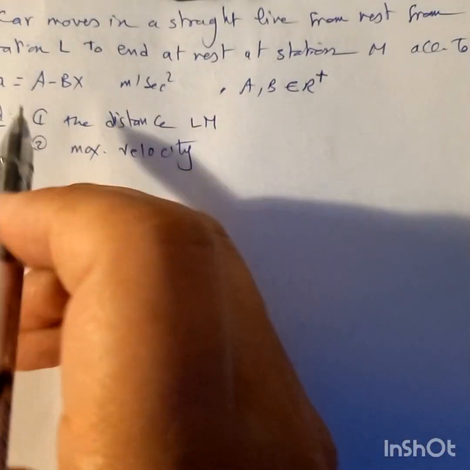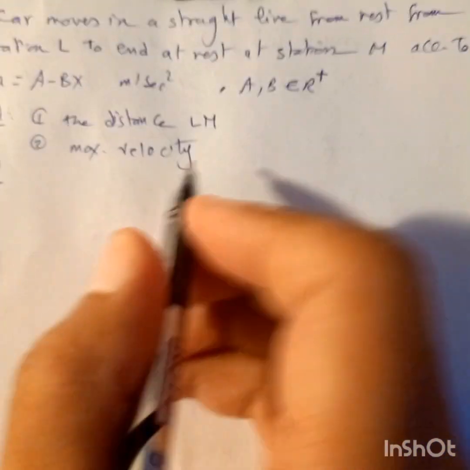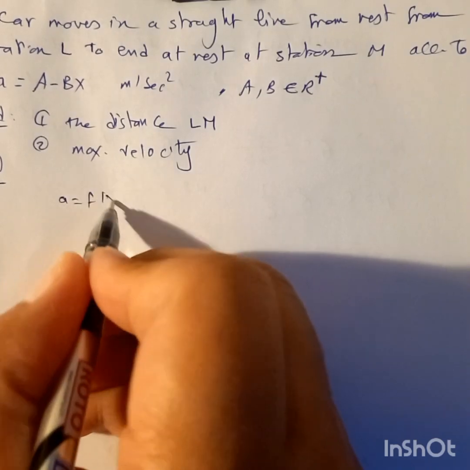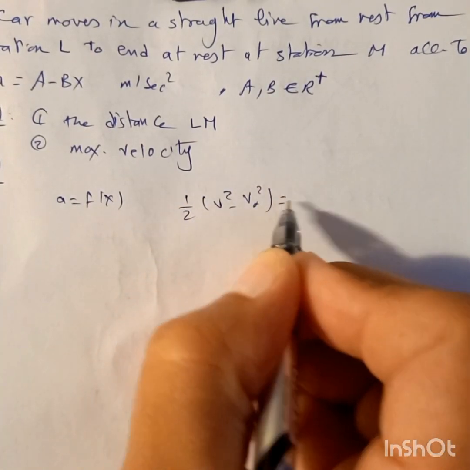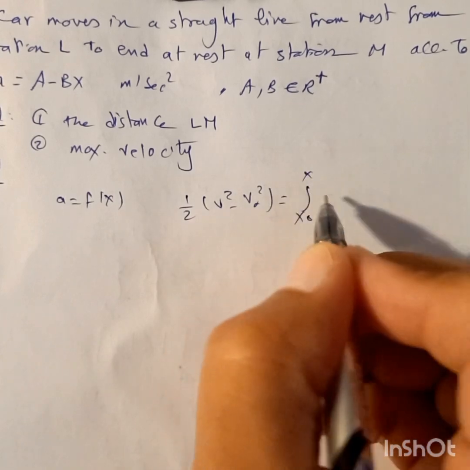Okay, here we have acceleration as a function of displacement. Then we have half v squared minus v naught squared equals the integral from x0 to x of a dx.